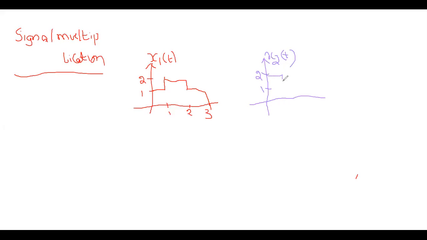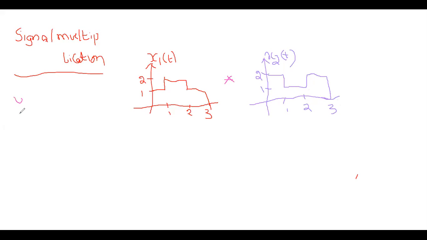Now see here. 1, 2, 3. Now please see here. You are going to multiply these two signals x1 of t and x2 of t.